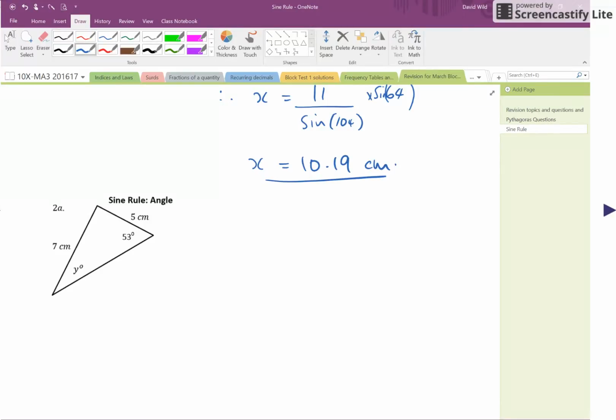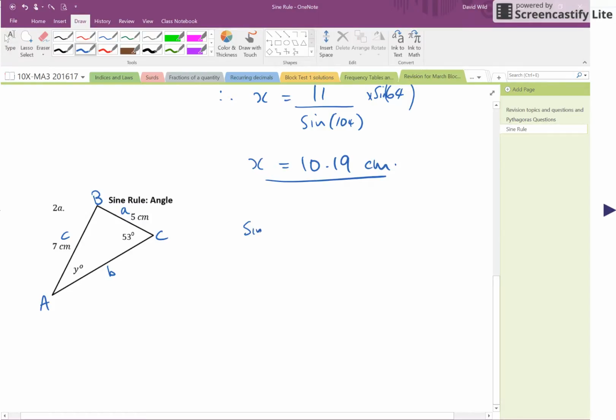So before we do that, we're going to label our triangle again. So perhaps this is A, B, C. This is our b opposite our angle B. This is c opposite our angle C. And this is a opposite our angle A. And we're going to say that we want our angles to be on the numerator.